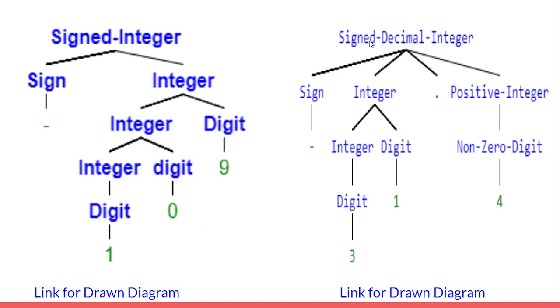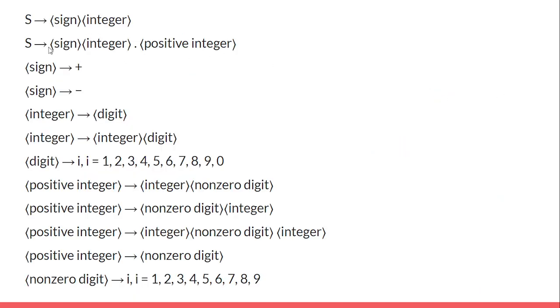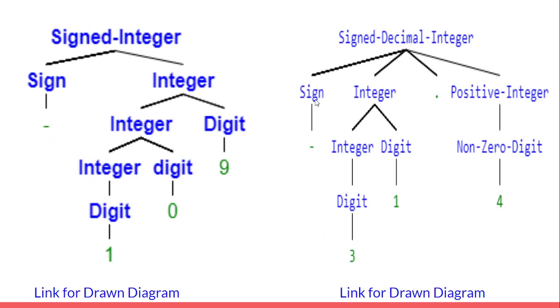Similarly, if we want to represent a signed decimal number, we can take the example minus 31.4. We can replace the start symbol with sign, integer, dot, and positive integer by applying rule 2. Then we replace sign with negative as we require minus 31.4. Then integer with integer digit, and integer with digit, and digit is replaced with 3.